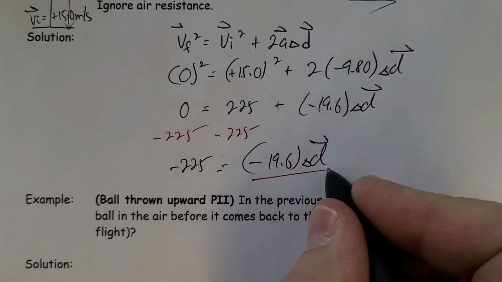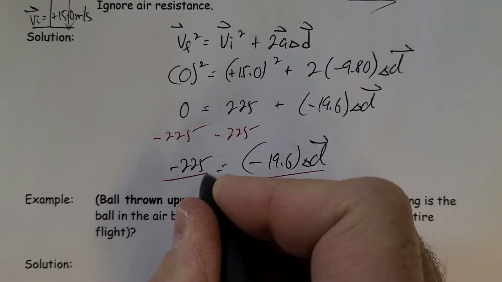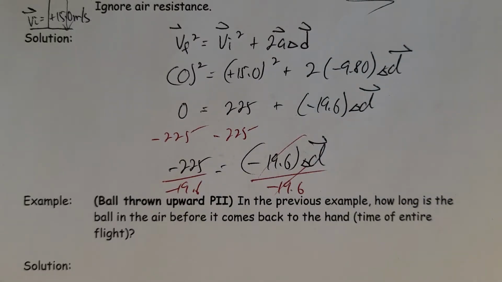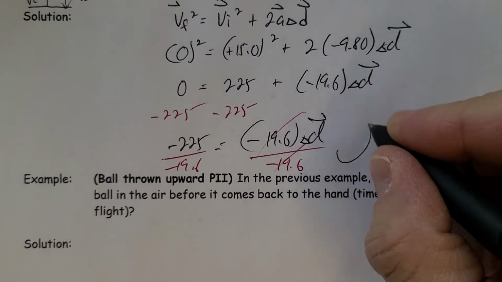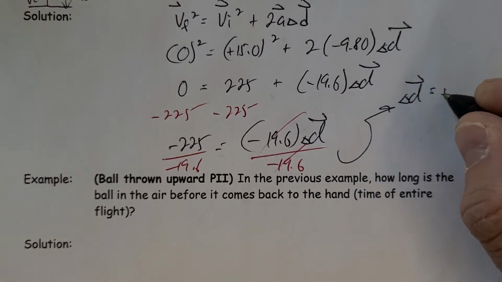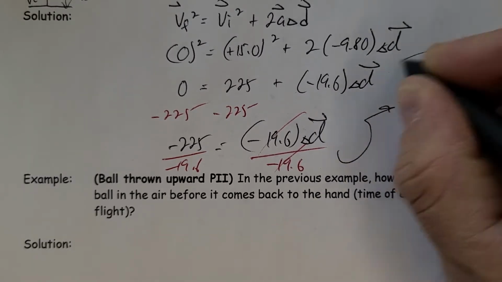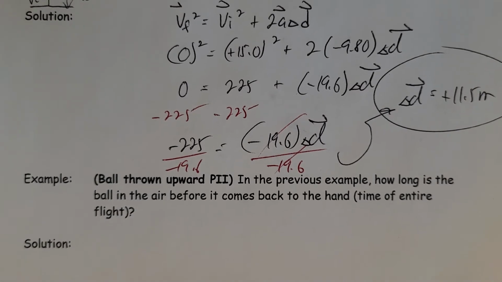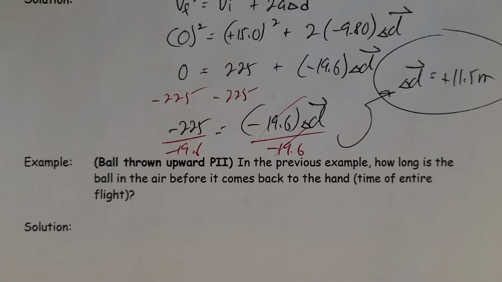So then divide by negative 19.6, and my D is going to be plus 11.5 meters. That seems reasonable, 11 meters in the air, if I'm chucking it really hard.